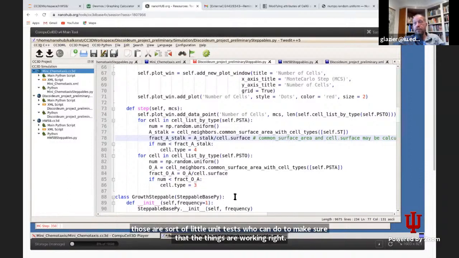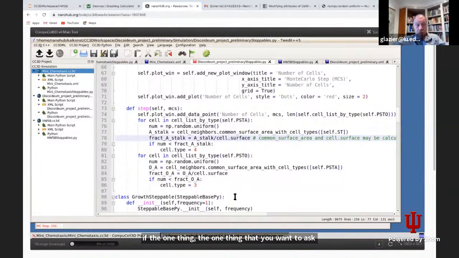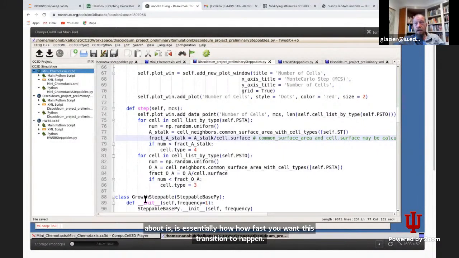And then one thing that you want to ask about is essentially how fast you want this transition to happen. So in this case, if my pre-stock A cell were completely surrounded by stock, I would inevitably make this transition after 1 time step.